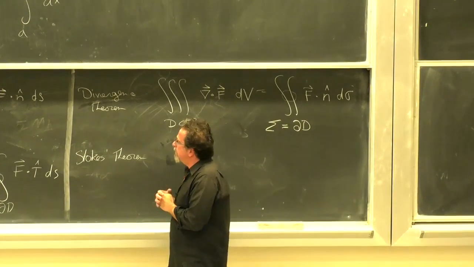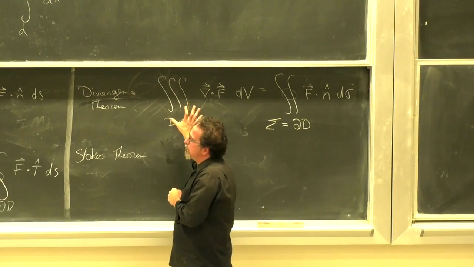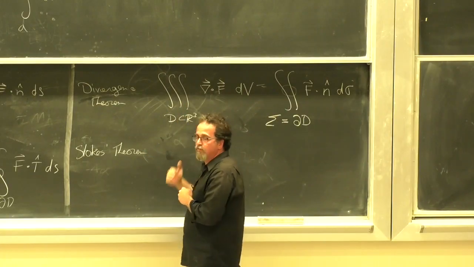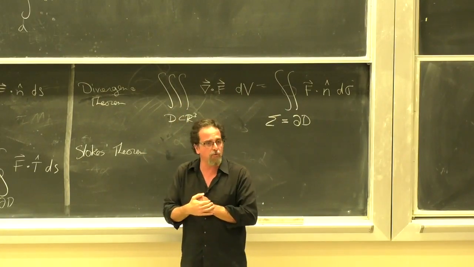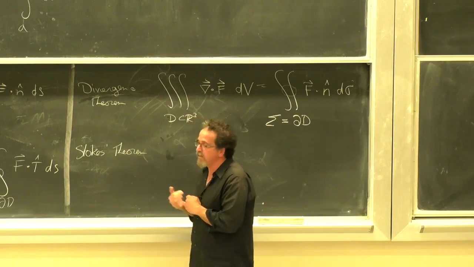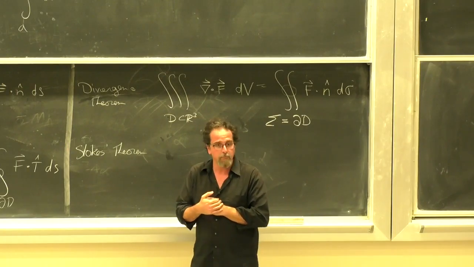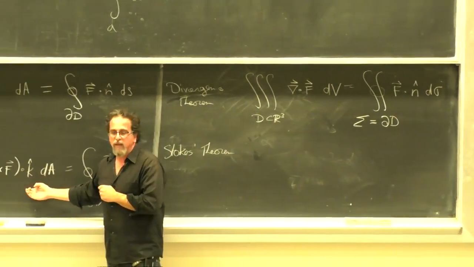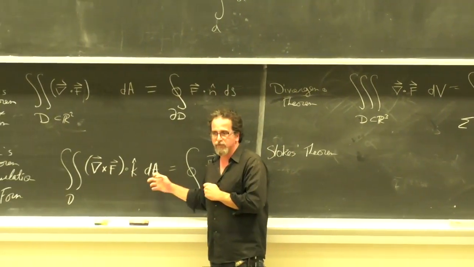But actually, with the divergence theorem, to get the divergence theorem from Green's theorem, we recognized that we were going to do volume integrals. In fact, for Stokes' theorem, we're not going to do volume integrals. Our left-hand side will still be surface integrals. So I want you to think of Green's theorem over here and k hat dot dA, just for a moment.